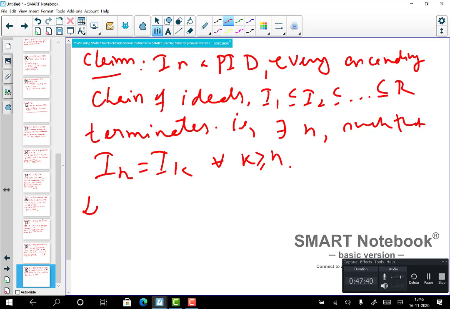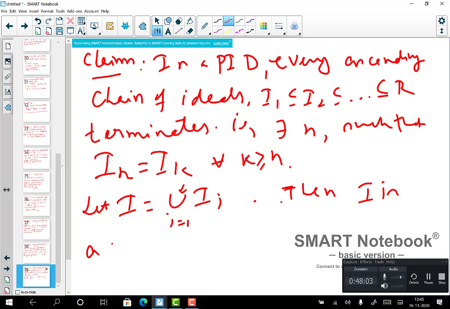So you write down, say, I, the union of this ascending chain Ij, for j equals 1, 2, whatever. Okay, so this is an ideal, right? Because these are all nested inclusions. So I is a principal ideal in R, right?